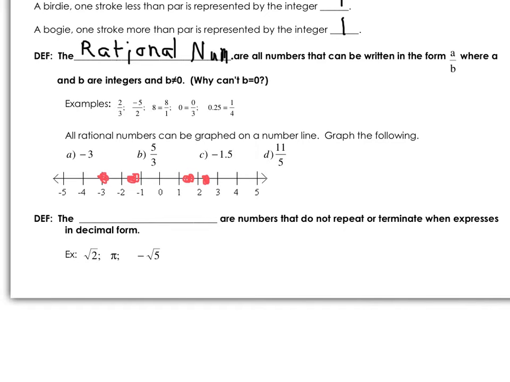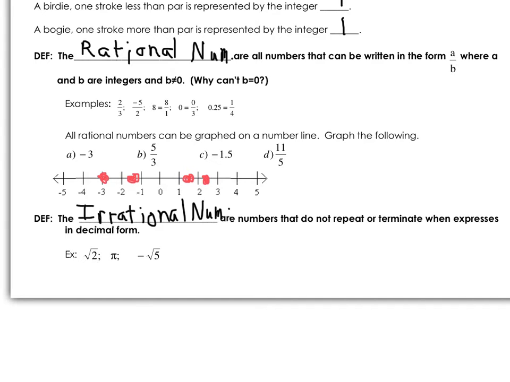The irrational numbers are numbers that do not repeat or terminate when expressed in decimal form.